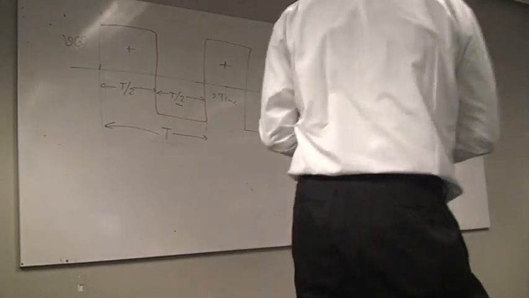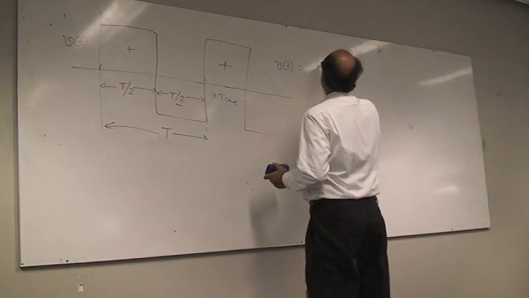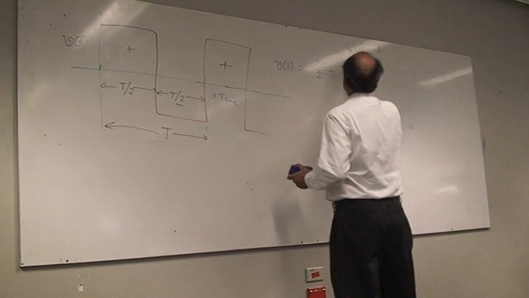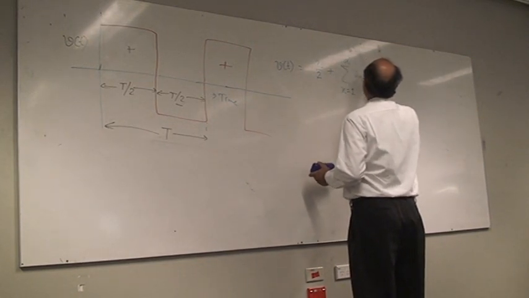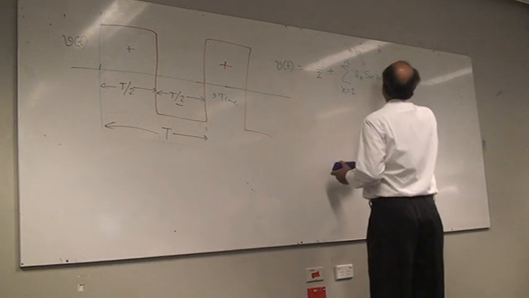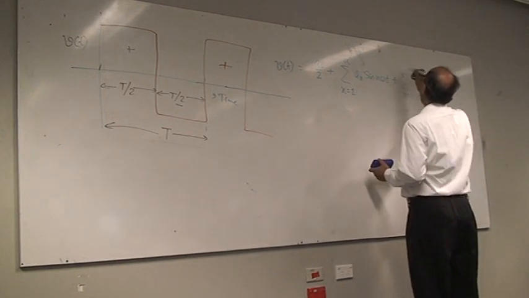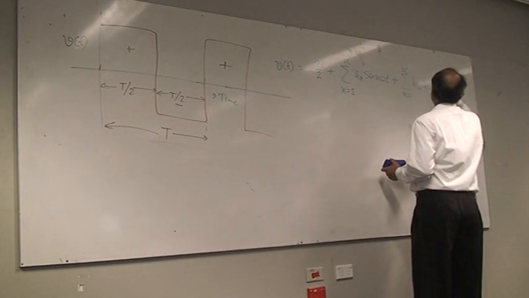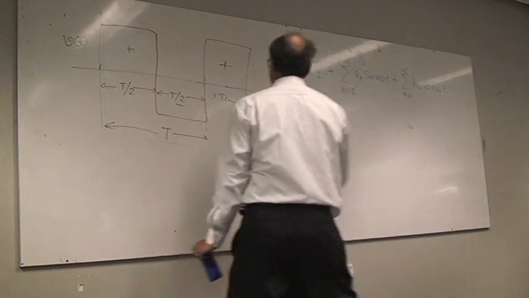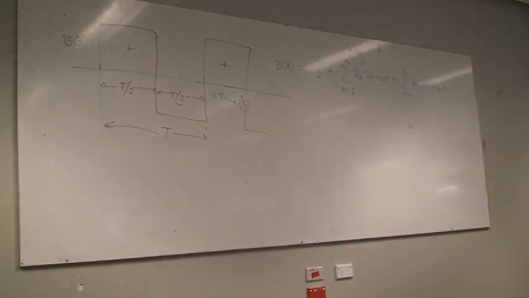So the Fourier series will be like that: v(t) equals a0 by 2 plus summation n equals 1 to infinity of a_n sine n omega t, and so on. The time is T. Now what does it mean?